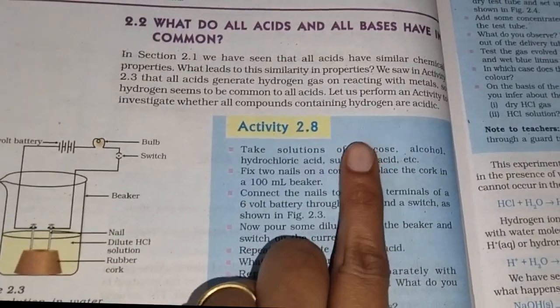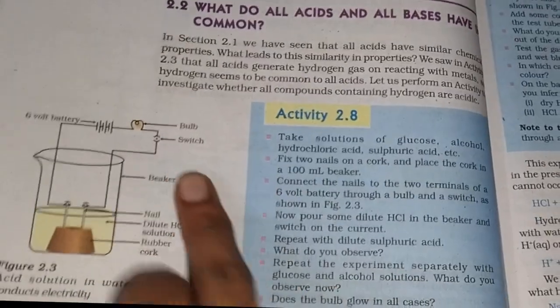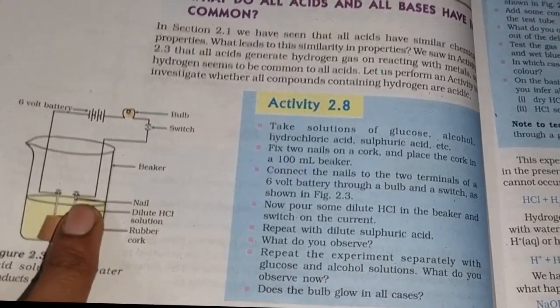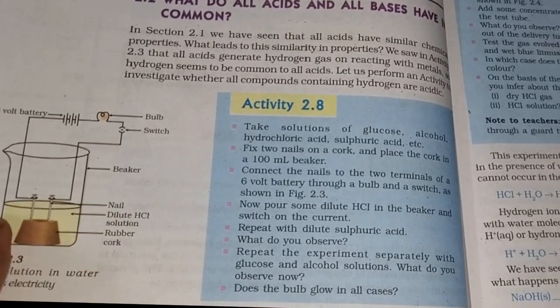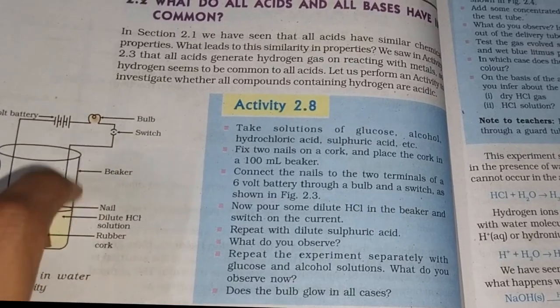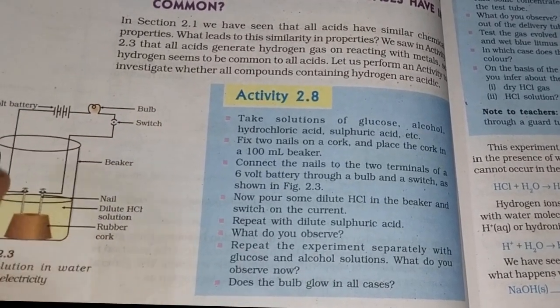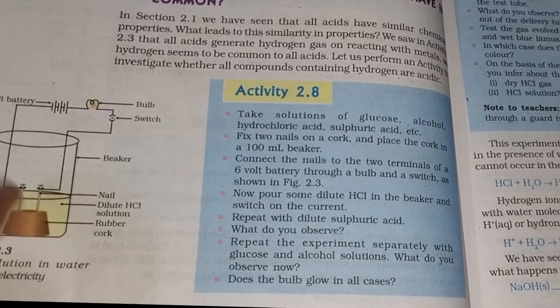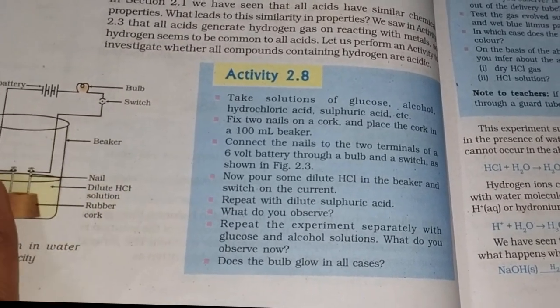Take solutions of glucose, alcohol, hydrochloric acid, sulfuric acid, etc. Fix 2 nails on a cork and place the cork in a 100 ml beaker. Connect the nails to the 2 terminals of a battery and switch. Now pour some dilute hydrochloric acid in the beaker and switch on the current. Repeat with dilute sulfuric acid, and like this.